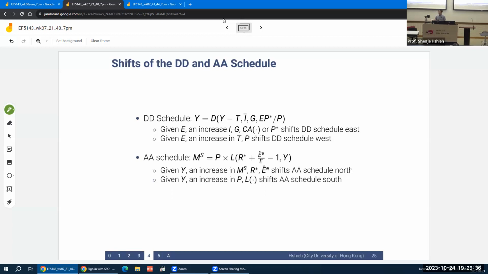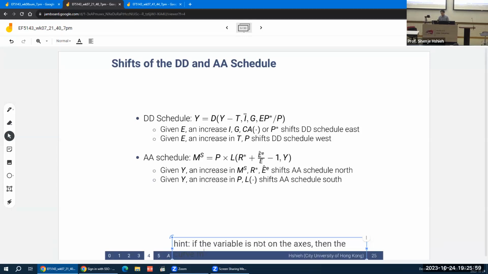For the DD schedule, I usually say left and right. For the AA schedule, I typically say up and down. So maybe I just give you the hint again, right? The hint is, if the variable is not on the axis, then the curve must shift. That's the intuition.